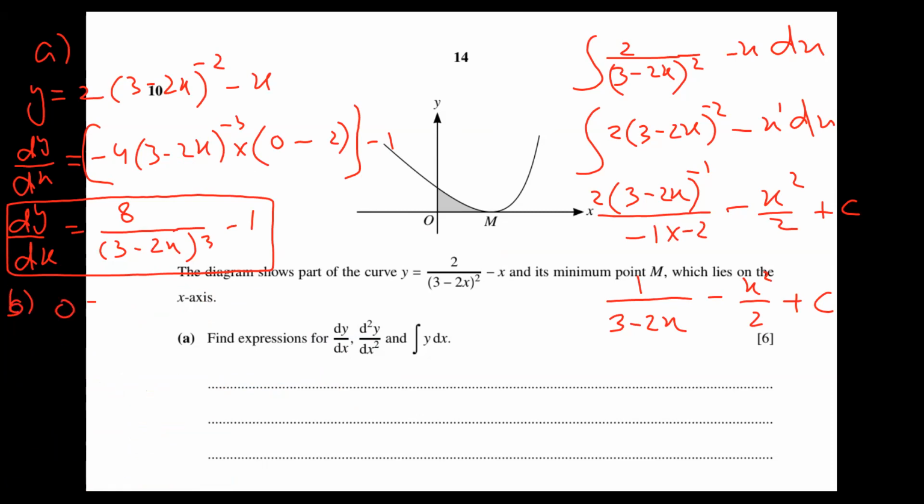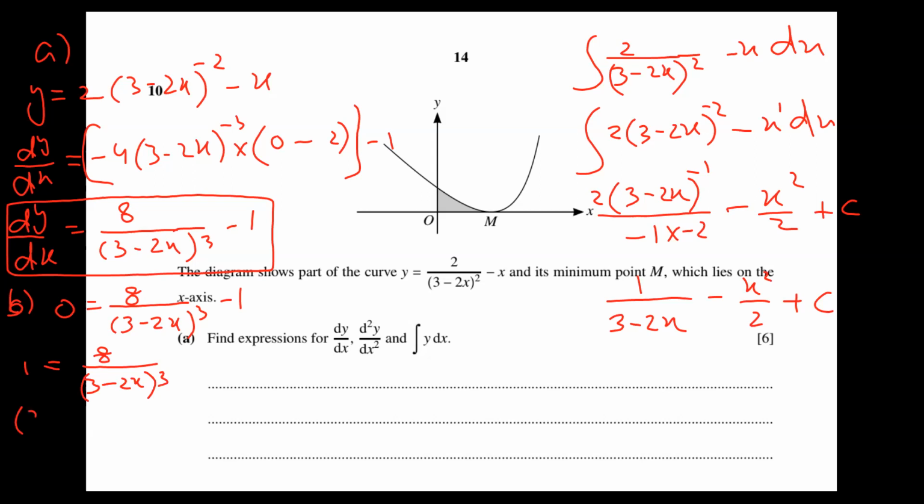As I put the derivative equal to 0, the rest is complete algebra. 1 will come on the left hand side. It becomes 1 equals 8 over (3 minus 2x) to the power 3.